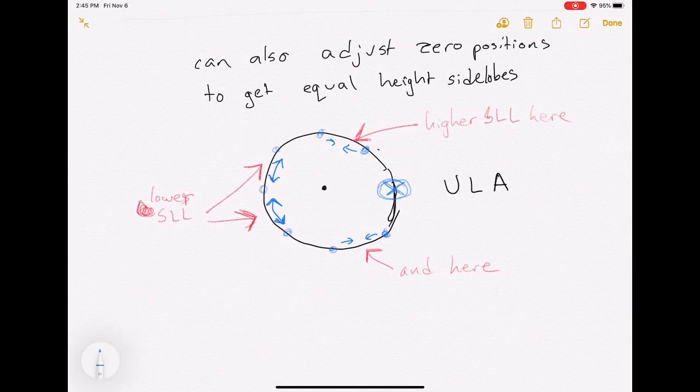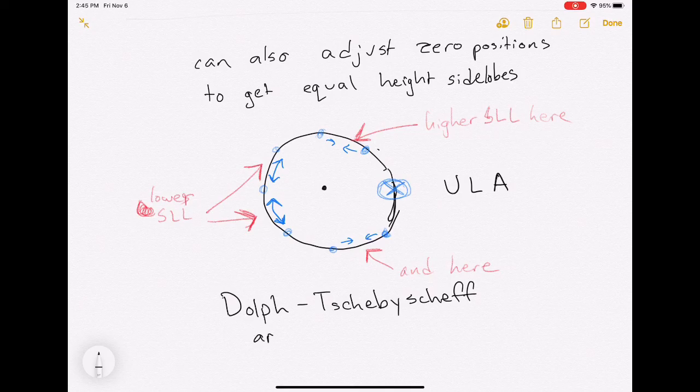This is also a known solution called the Dolf-Chebyshev array excitation.